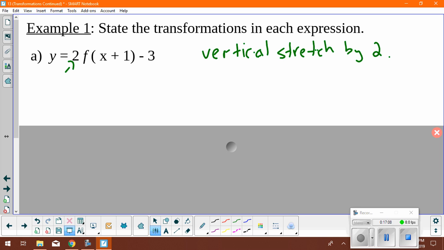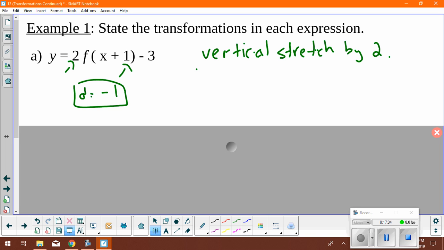Inside the brackets, this is our horizontal. Now, this is the part that's a little counterintuitive. I know it says plus 1 when you read it, but my value of d is really minus 1. It's the opposite of what you see there because the form is x minus whatever.